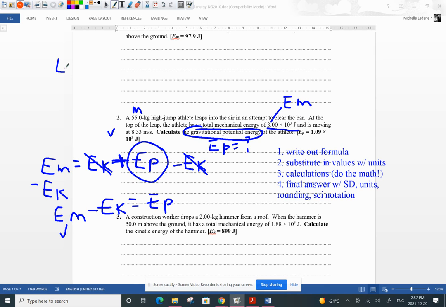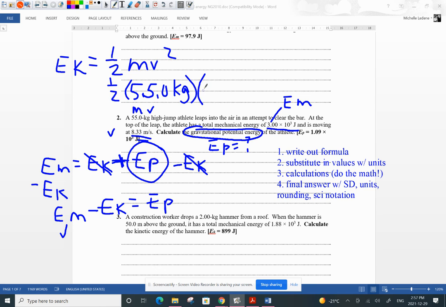Now, how do I solve for EK? Well, I look up in my data booklet. It's 1/2 mv squared. I know the mass. I know the speed. Remember, it's speed squared. So it's 1/2 times 55.0 kilograms, not 5.50. That'd be a pretty tiny little athlete. Times v squared, 8.33 meters per second.